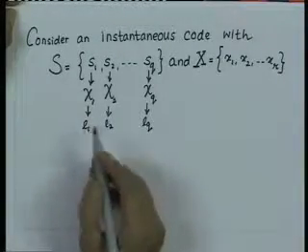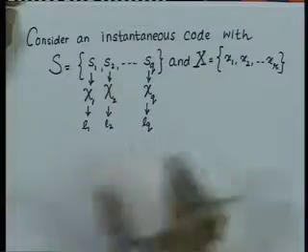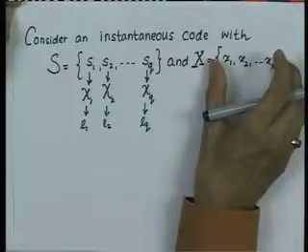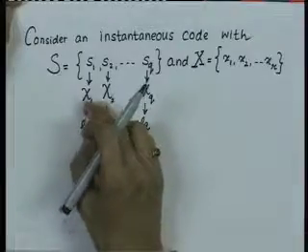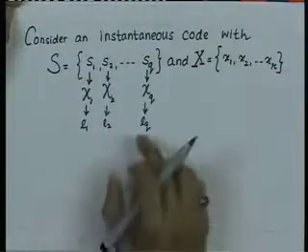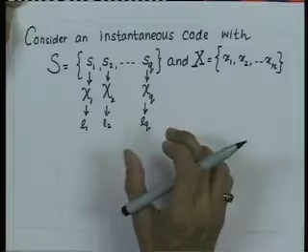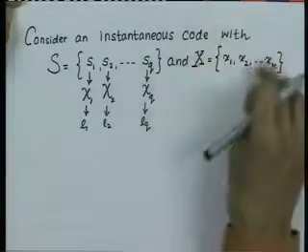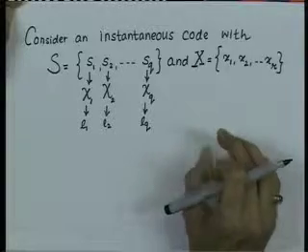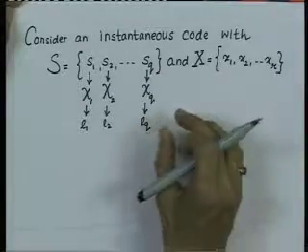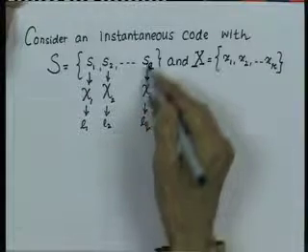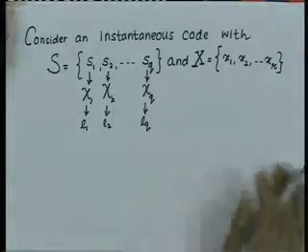L1 means there are L1 code symbols from this code alphabet which form a code word X1 for the source symbol S1, and similarly LQ means there are LQ code symbols from this code alphabet X which make up the code word XQ for the source symbol SQ.